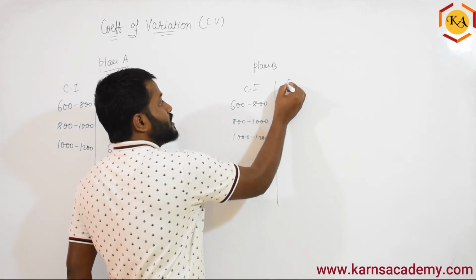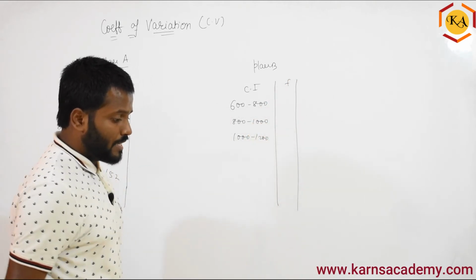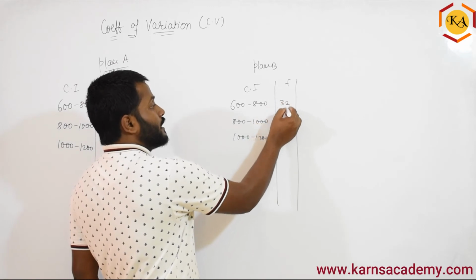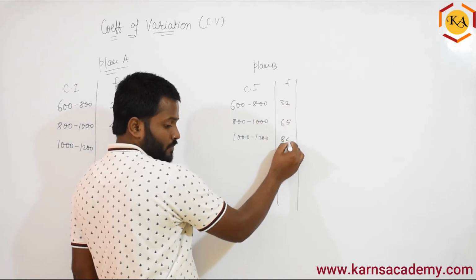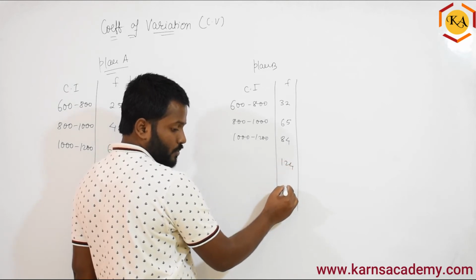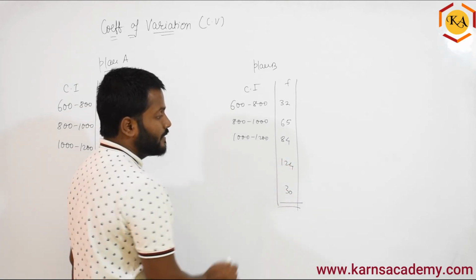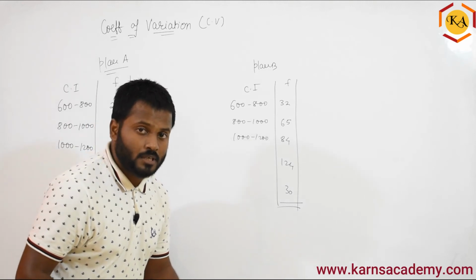And the frequency you will take is whatever they have given for place B, which is 32, 65, 84, 124, 30, right? And the remaining procedure is the same.